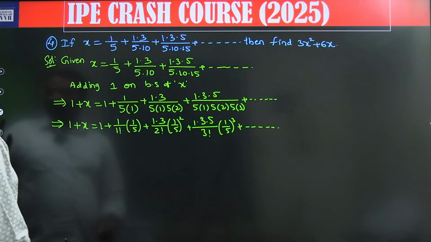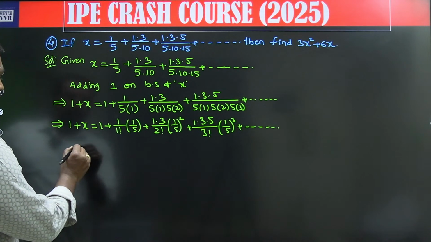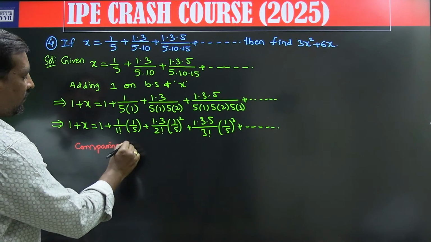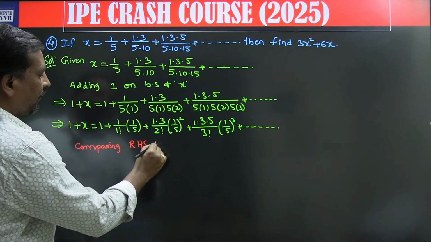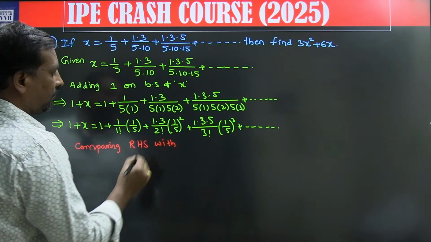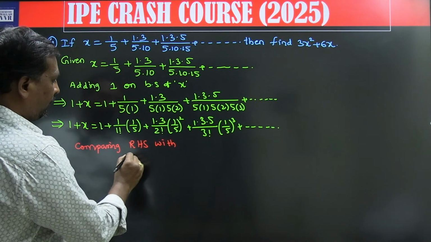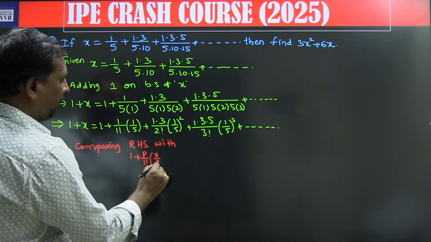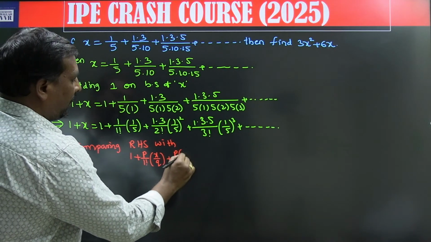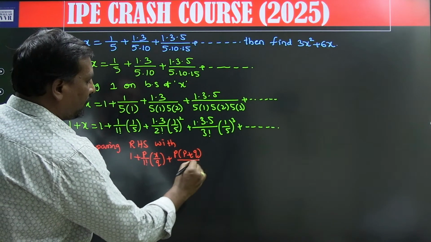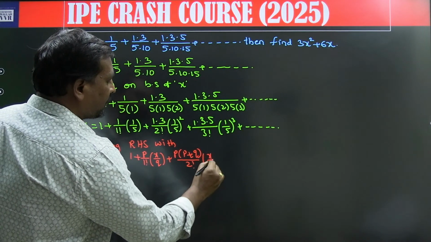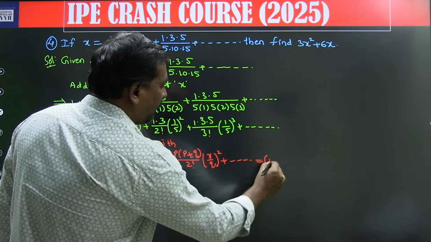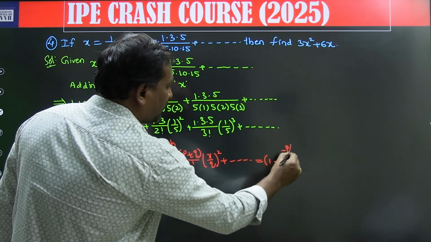Comparing the RHS with 1 plus p/1 factorial into x/q plus p(p+q)/2 factorial into (x/q) whole square plus and so on. This value is (1 minus x) whole to the power of minus p/q.